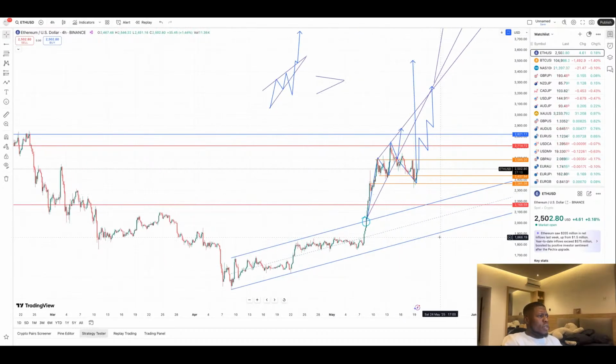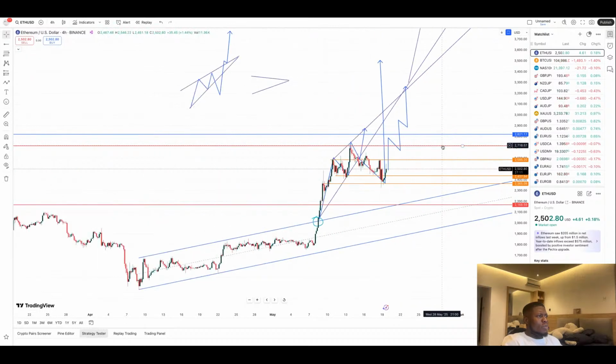Unless price goes below 216. If price falls back here, price enters a downtrend, that means this is invalid. But if price stays higher in this region, I'm expecting Ethereum to trade very high in the next couple of days.